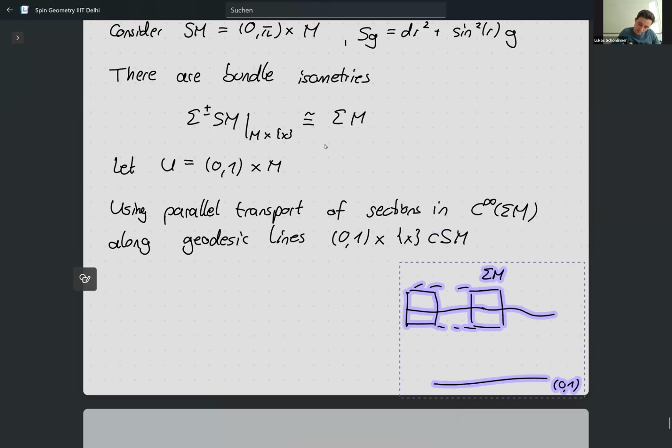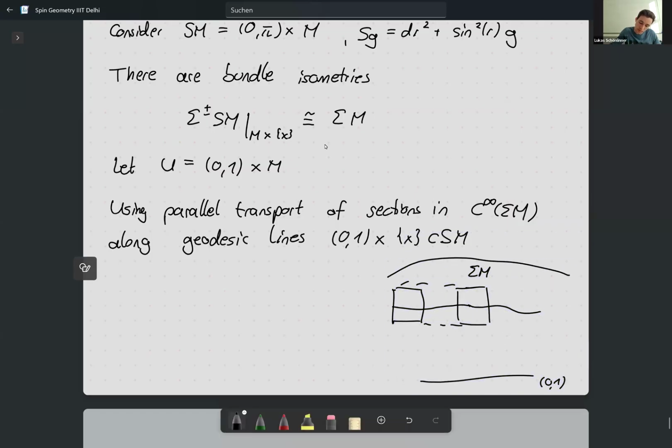This whole is sigma plus Sm, or sigma plus minus Sm. Then we kind of have some spinor here, and we extend it by parallel transport on this whole spinor bundle over Sm.